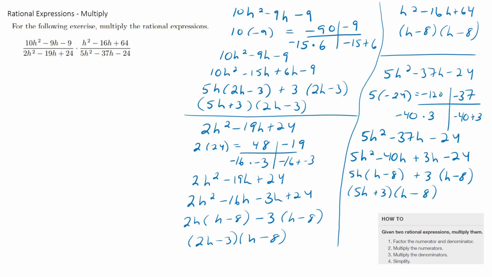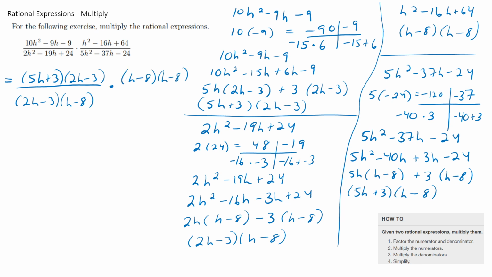All right, so now that I have that, I can rewrite this and simplify and cancel common factors. In the first numerator, I've got 5h plus 3, 2h minus 3. The first denominator, I've got 2h minus 3, h minus 8. Second numerator, I've got h minus 8, h minus 8.